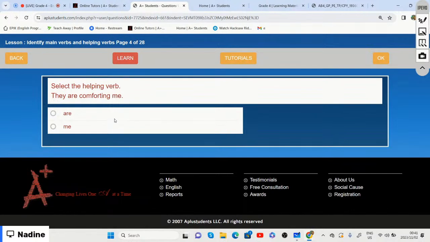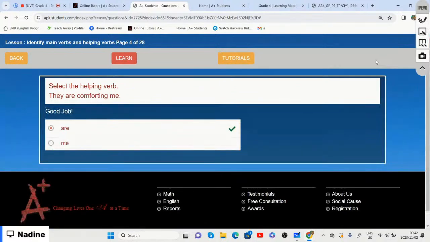So is it are or is it me? All right, so if we select the helping verb, then are is our helping verb that helps the main verb to show action. So well done.